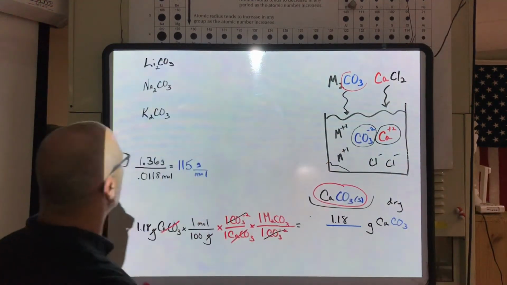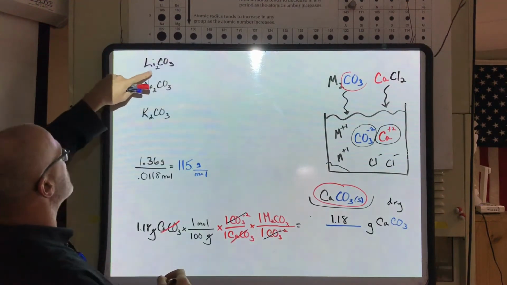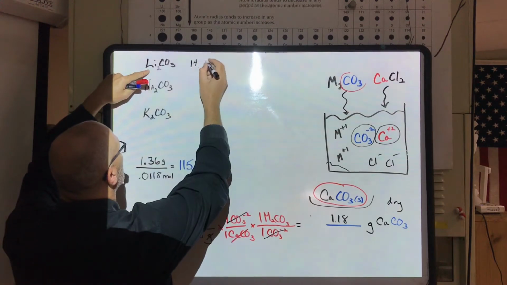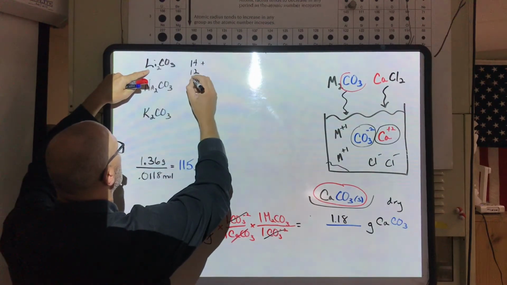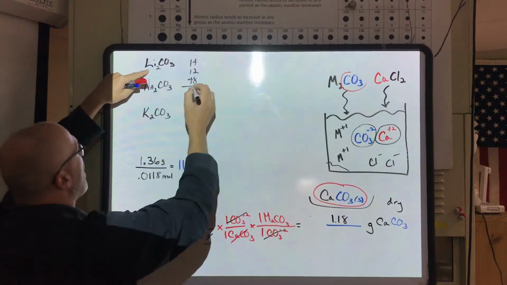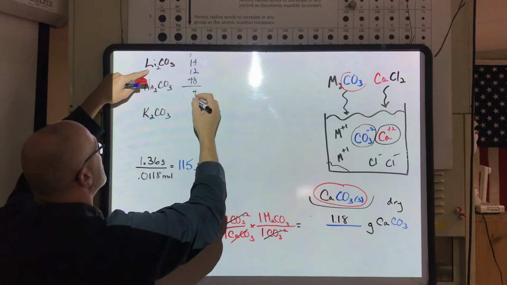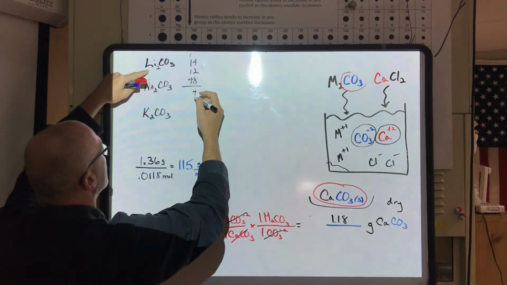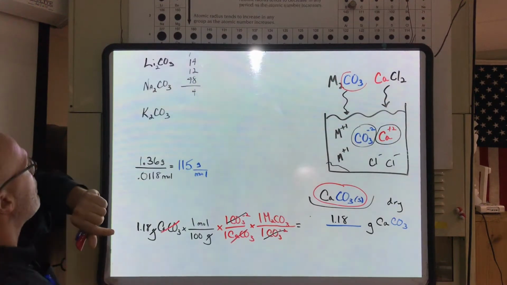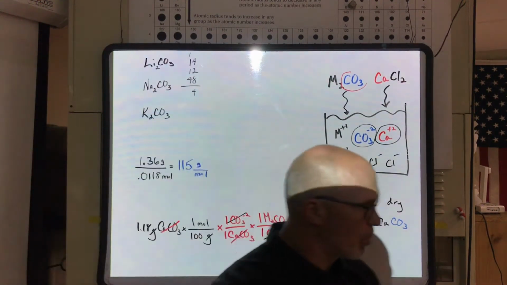We know the formula mass of lithium carbonate. Well, there's 2 times 7, 14, plus 12, plus 48, right? 48 is 3 times 16. I'm rounding off here. So 8 and 4 is 10, is 14, and we have 74. I have 74 grams per mole.